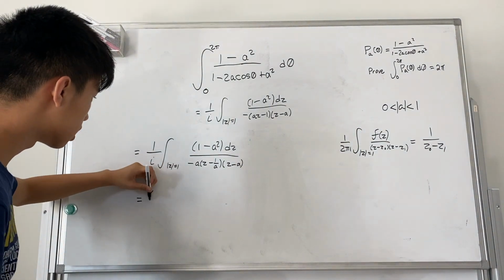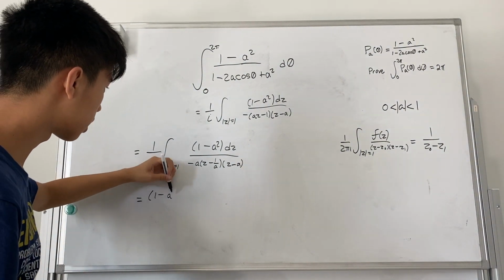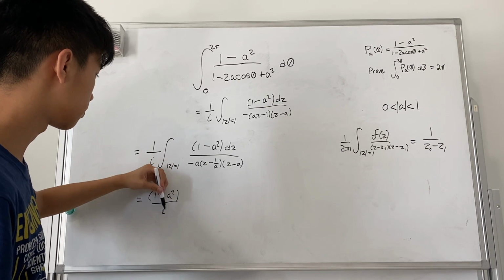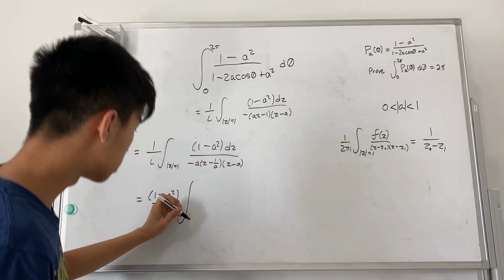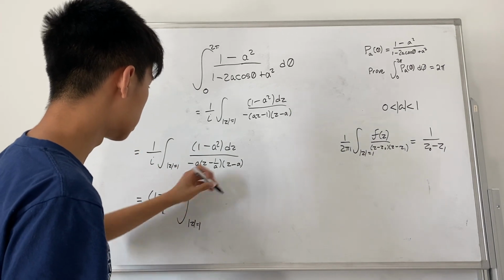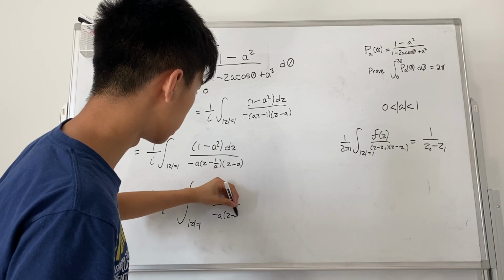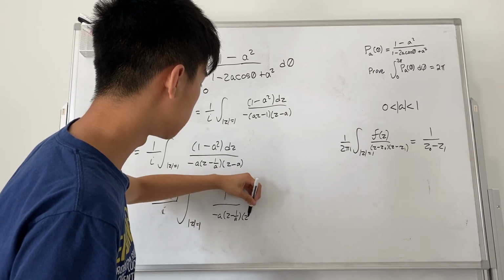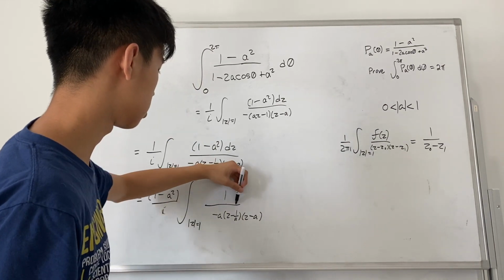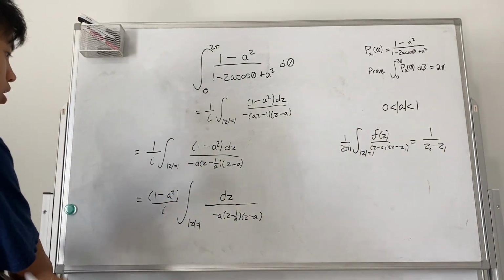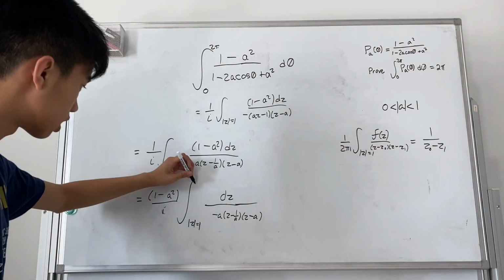So we have 1 minus a squared over i on the outside, over z equals 1. That's equal to 1 over negative a (z minus 1/a)(z minus a). Okay, sorry if that handwriting is small. I'm bad at writing stuff, I guess.